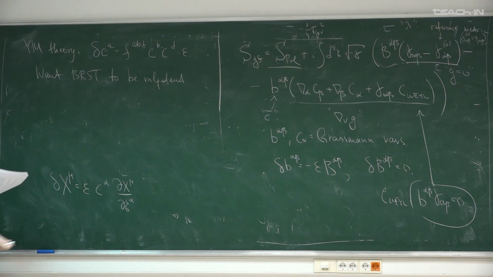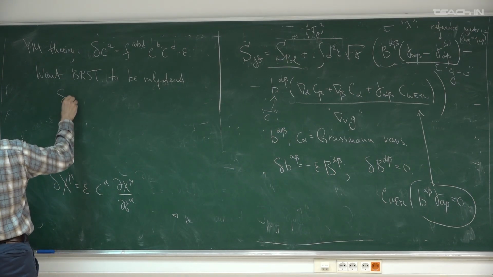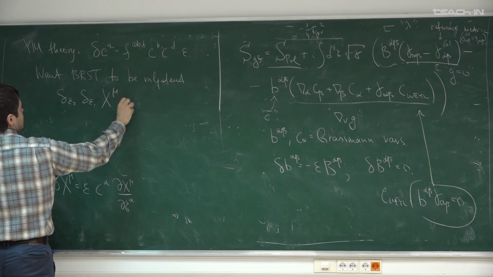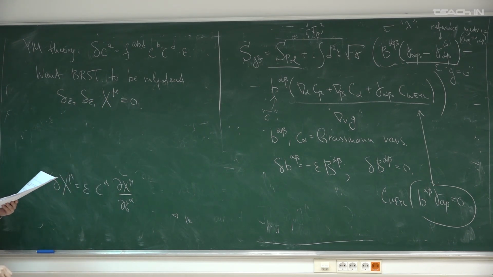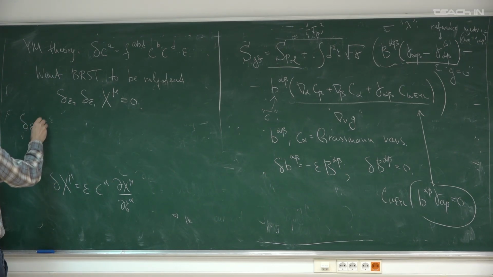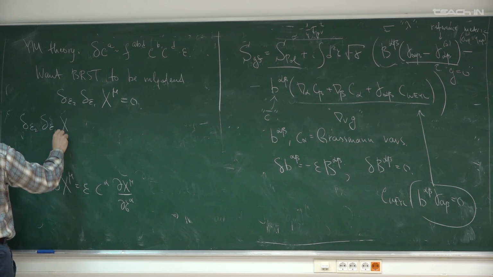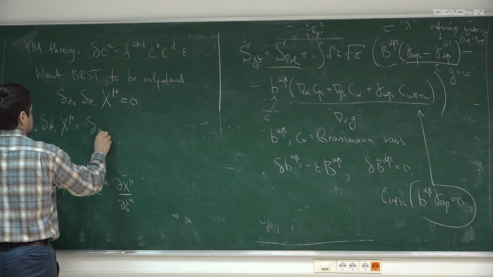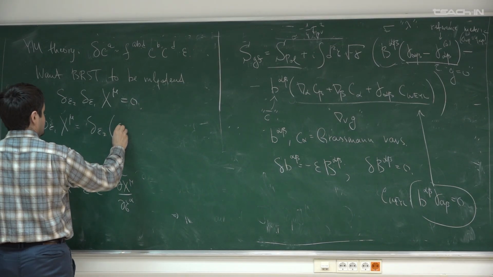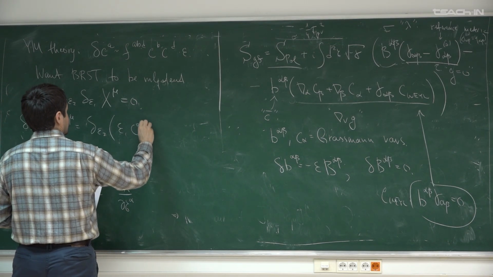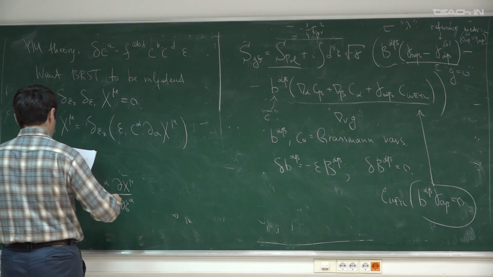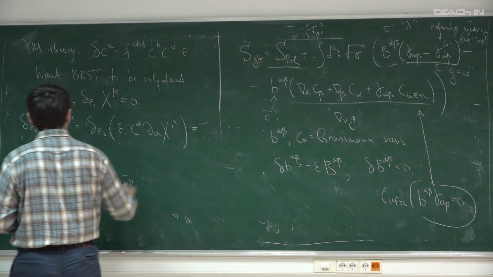What we will require is that delta epsilon 2, delta epsilon 1 of X be 0. So let's compute this. Delta epsilon 2, delta epsilon 1 of X^mu: the first transformation we know is this one, C^alpha d_alpha X^mu. But now we do the second transformation.